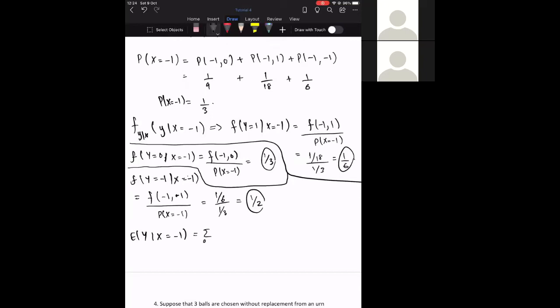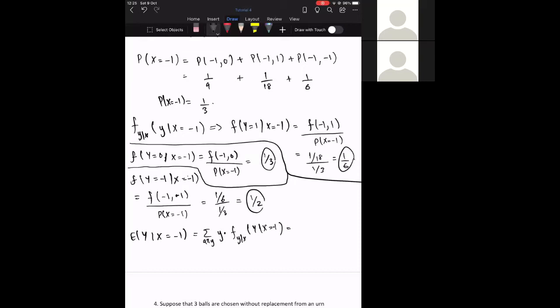This is the sum over all y of the product of each y with its associated conditional probability.